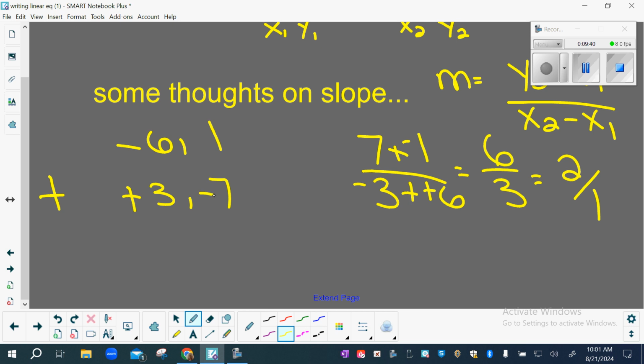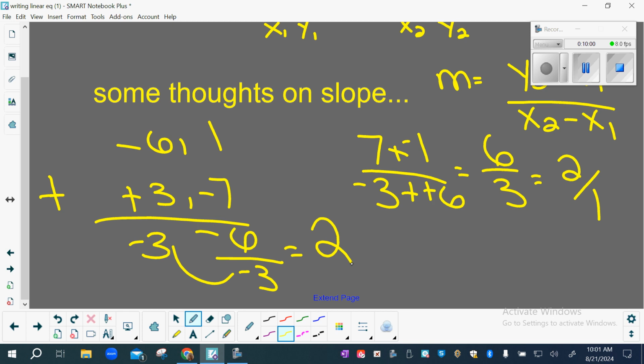Because that's what you're allowed to do. Now watch, here comes the crazy gypsy magic. 1 plus -7. -6 plus +3. Done. That's all I have to do. I line them up. I change the signs. I put the X underneath because it's Y over X. That is all you have to do.